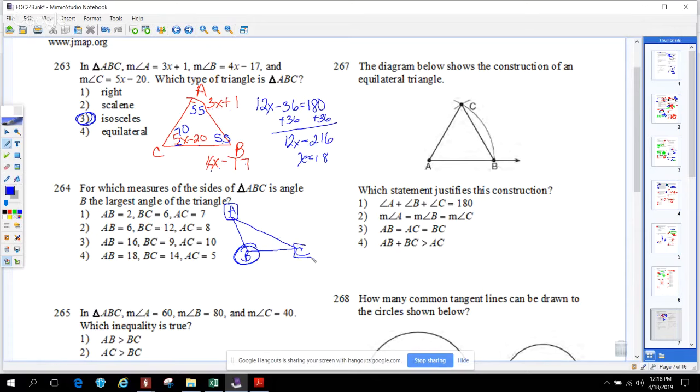So AC has to be the largest of the numbers. So here, AC is 7. Here, AC is 8, so it can't be that one. AB, 16 is the largest, so it can't be that one. And here, AB is the largest, so it can't be that one. So it's choice 1. I just wanted to make sure I wasn't forgetting something.